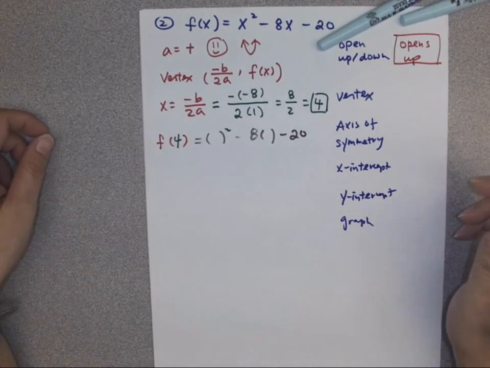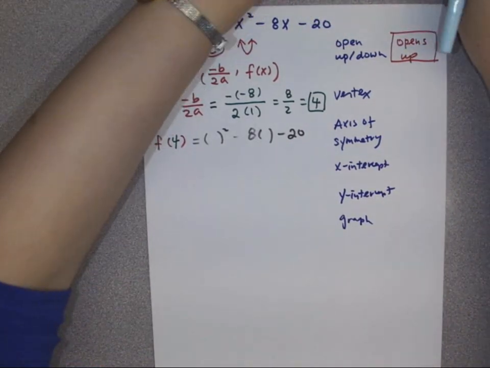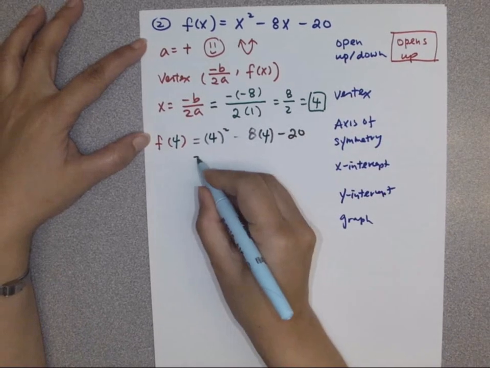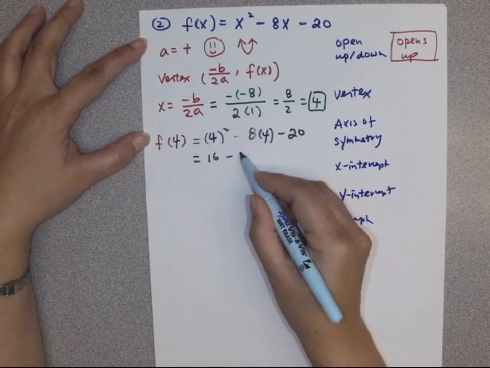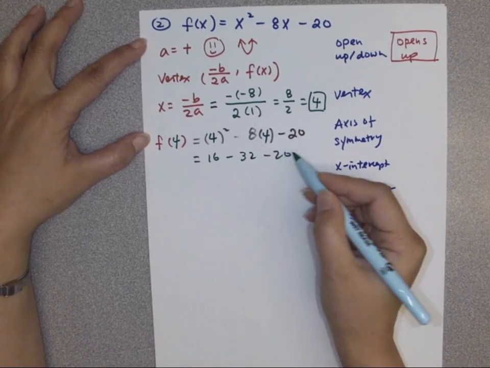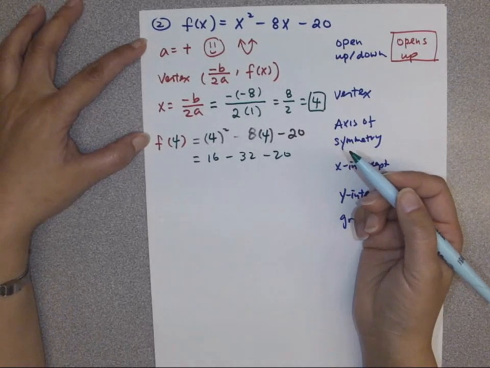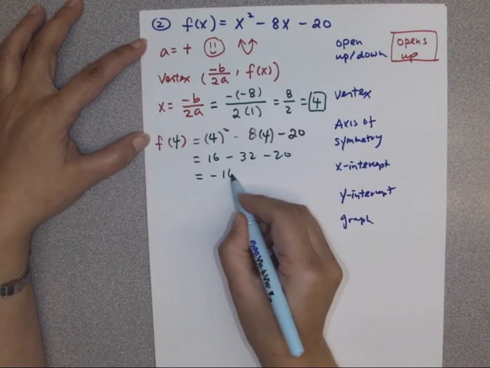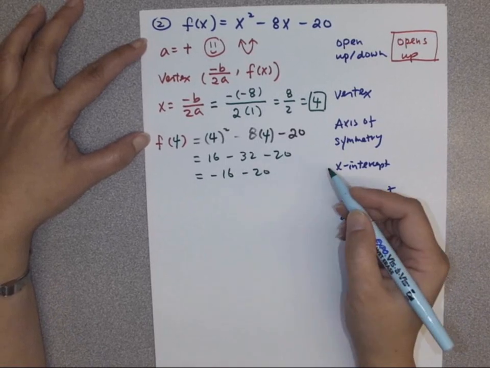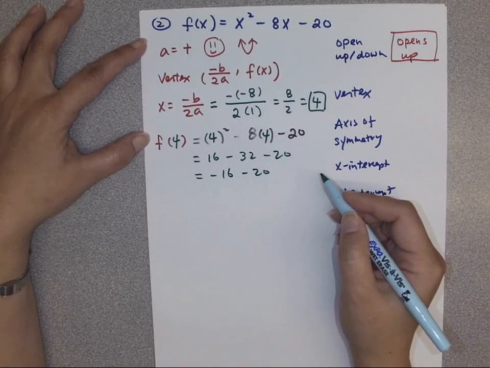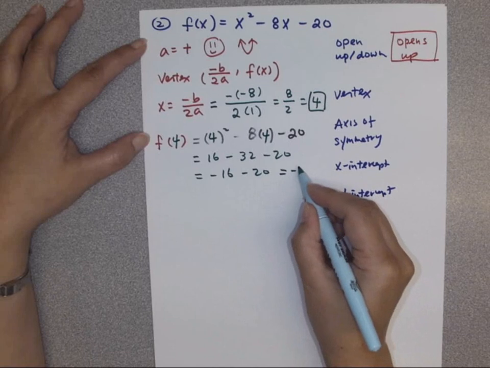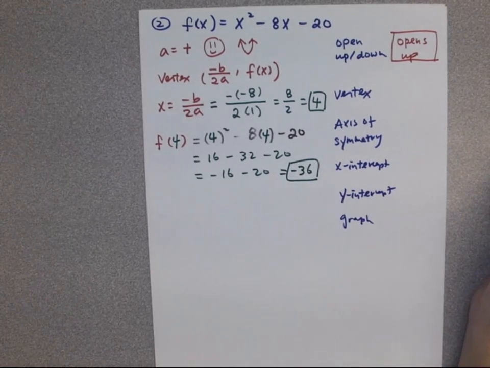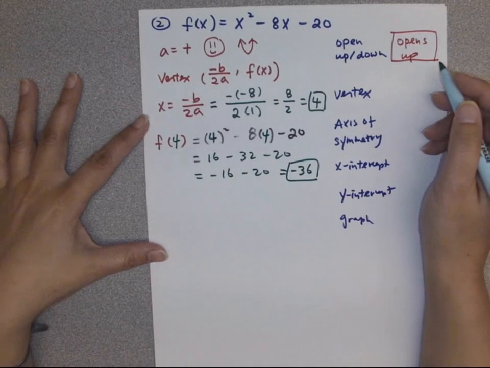So let's see, I need to plug in a 4 here, and then 4 here, so 16 minus 32 minus 20. 16 minus 32 is -16, minus 20 is going to be -36. So hopefully if you did it on your own, check this and hopefully it's correct.